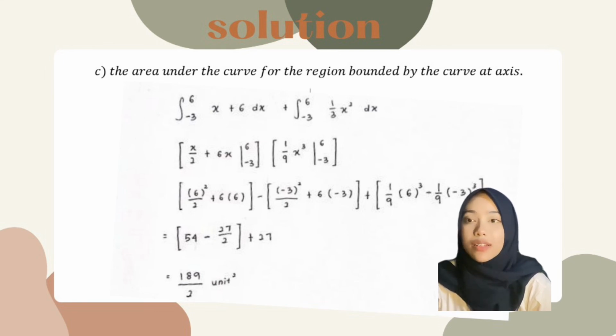So we add 1 over 9 in the bracket 6 to the power of 3, and we subtract 1 over 9 in the bracket negative 3 to the power of 3, and we get 54 minus 27 over 2 plus 27, and the answer is 189 over 2 units squared.